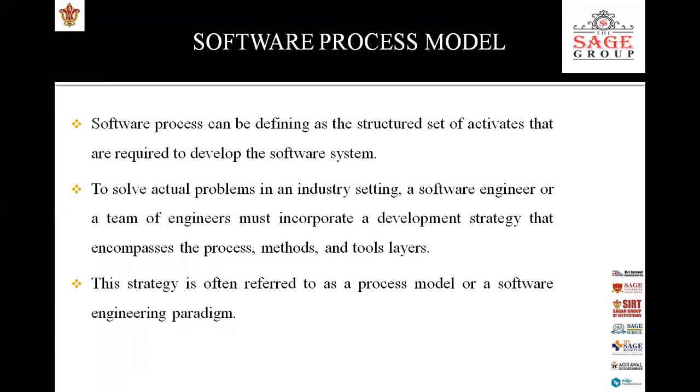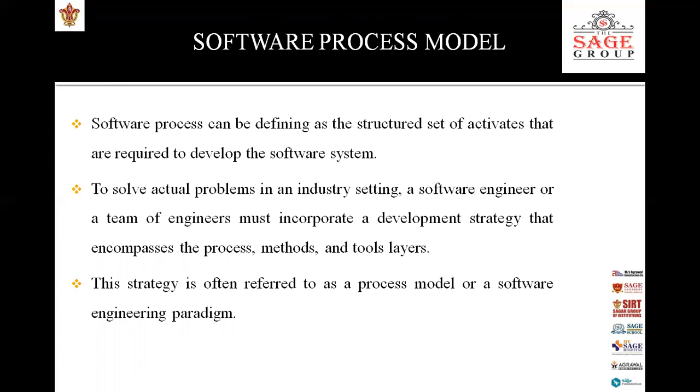I will discuss here the goals of the software process model. The goal of a software process model is to provide guidance for systematically coordinating and controlling the tasks that must be performed in order to achieve the end product and the project objectives.